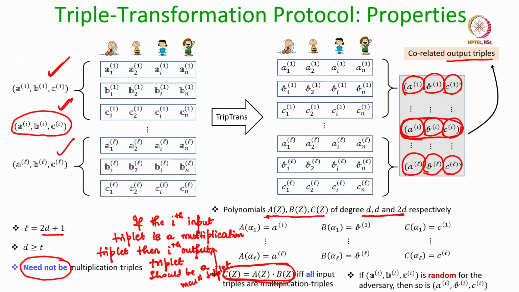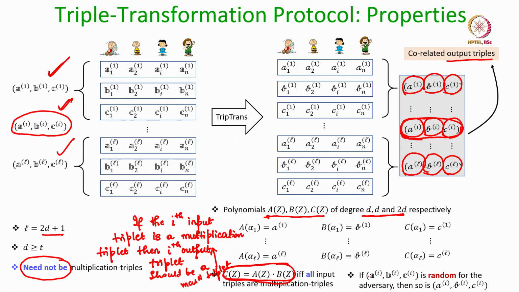And the third property which we require from the triple transformation protocol is that if the ith input triplet was random for the adversary, of course, adversary will be knowing T shares for all the input triplets as well as for the output triplets, because everything here is secret shared.